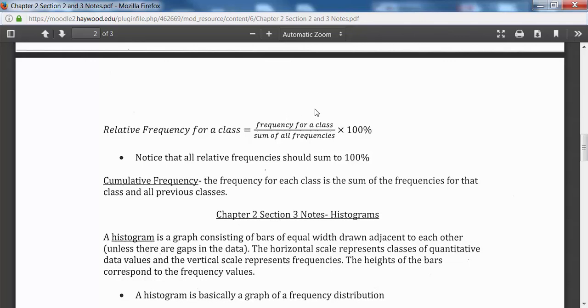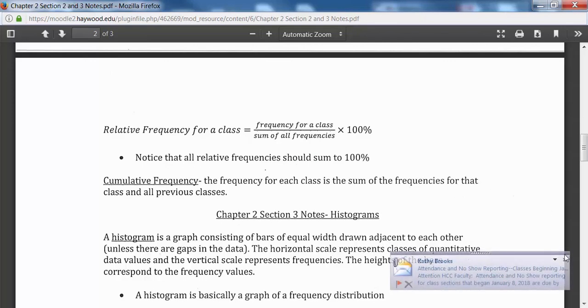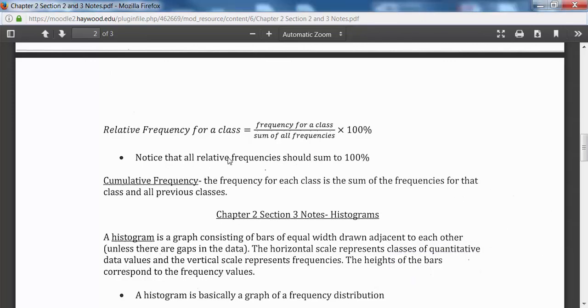When you divide that, you'll get a decimal, times it by 100 to make it into a percentage, which is also easily accomplished by just moving the decimal to the right 2 places. And when you're done, you can check yourself. All of the relative frequency percentages should sum to 100%. And that's kind of a way that you can check yourself.